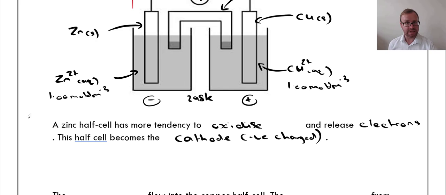So in this half cell, the zinc electrode is oxidizing to produce Zn2+ in the solution, and 2e-.